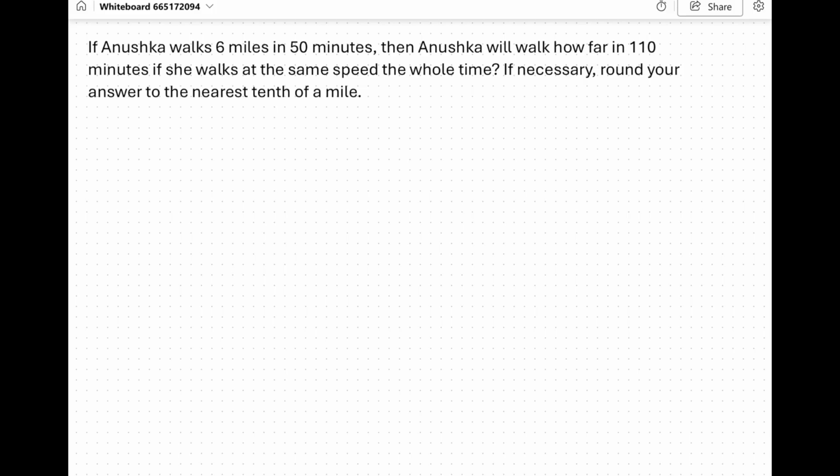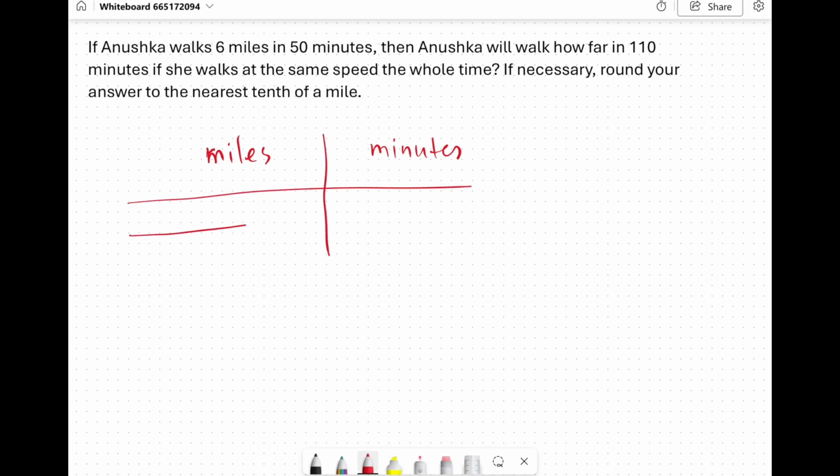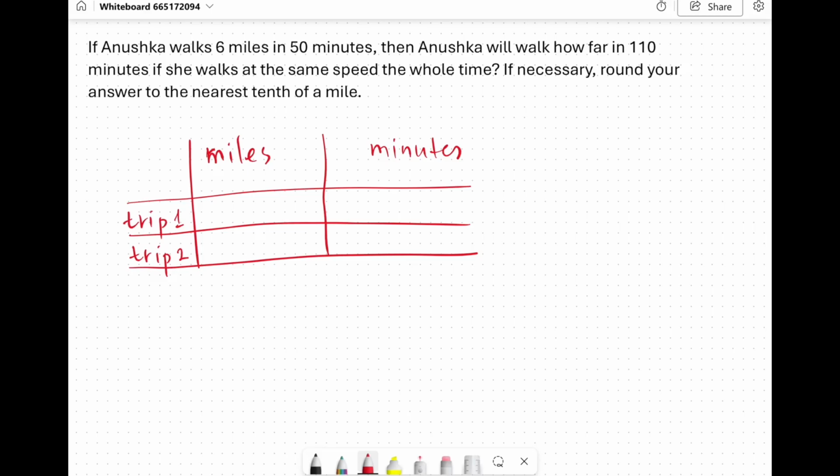So here we are working with miles and minutes. And what's happening is she is taking 2 trips. So you have trip 1 and you have trip 2. So the first trip that is described to us is 6 miles in 50 minutes.